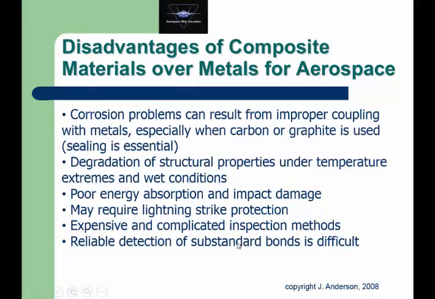Some disadvantages of composites over metals for aerospace. Corrosion problems we mentioned before can result from improper coupling with metals, so that you get a reaction between the carbon or graphite and the metal. We have degradation of structural properties under temperature extremes and wet conditions. This happens with thermosets. This is mainly a phenomenon of the matrix itself, a matrix resin.